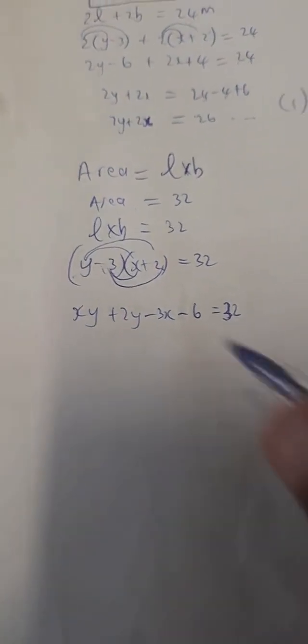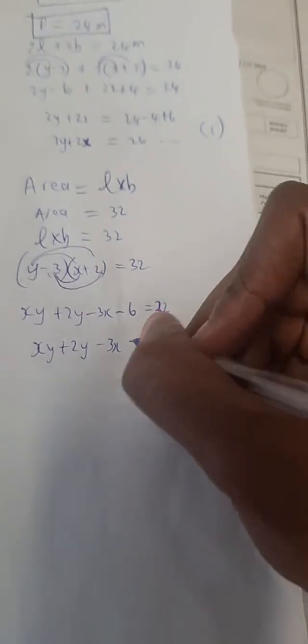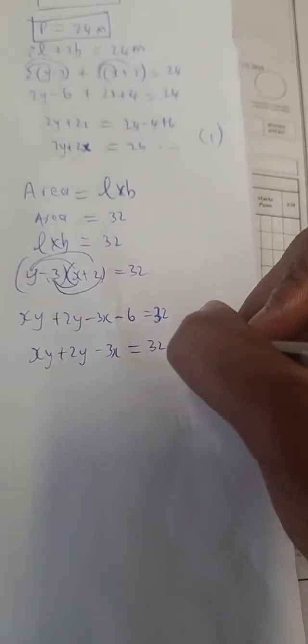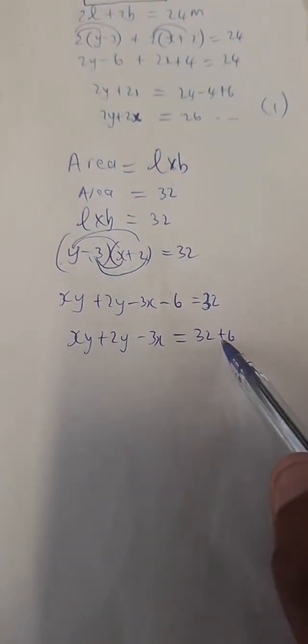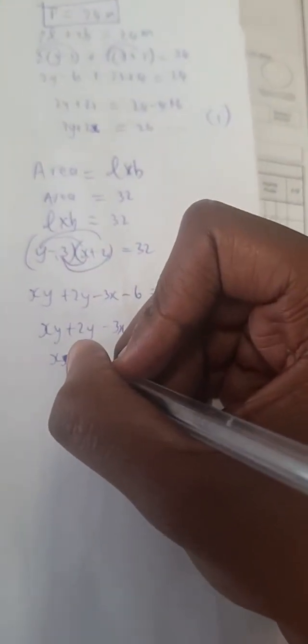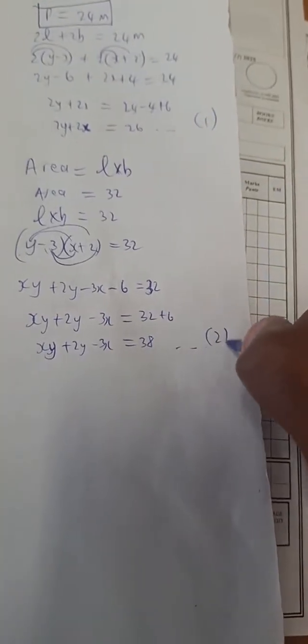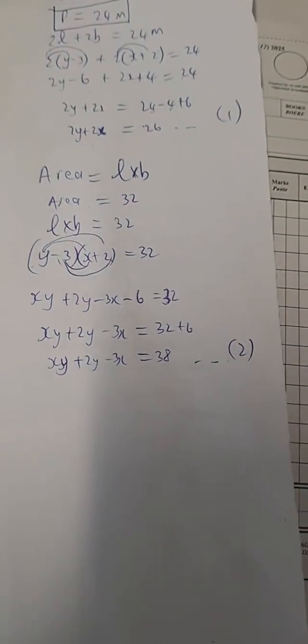Okay, then it's very clear that I have xy plus 2y minus 3x minus 6 is equal to 32. I transpose the negative 6, it becomes positive 6. I get xy plus 2y minus 3x is equal to 38, and that is my equation 2.